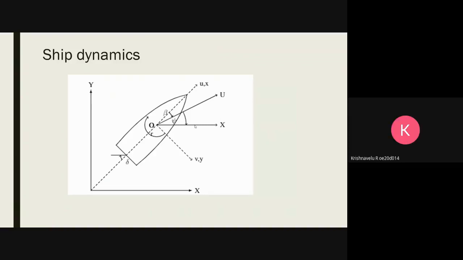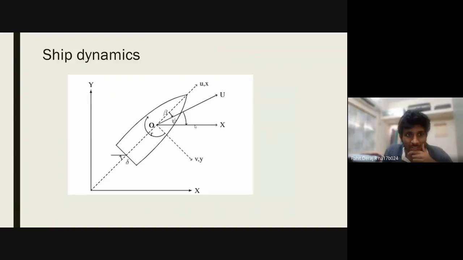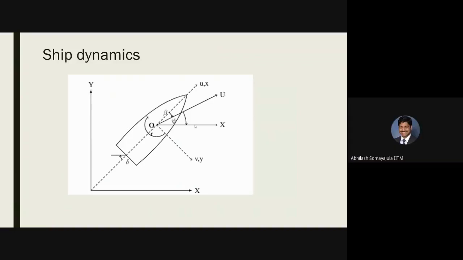Yes, sir. The ship coordinate system figure is wrongly mentioned, sir. Psi should go to the body-fixed coordinate. Are you sure, Rohit? I was thinking that maybe it's a mistake in the picture. Are you sure psi is taken as this angle? Yes, sir. Between the velocity vector and the x-axis.